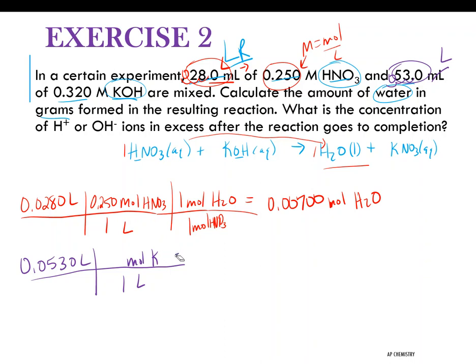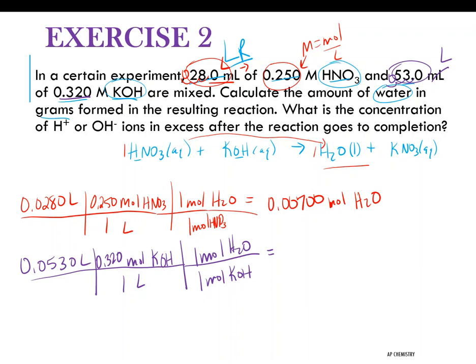Too many O's there. OH, and here is our molarity, so 0.320. Now the stoichiometry part of it: 1 mole KOH equals 1 mole of water. And yes, you would need to represent and show the mole ratio, even though it is 1-to-1. That's part of the work, so make sure you do that.